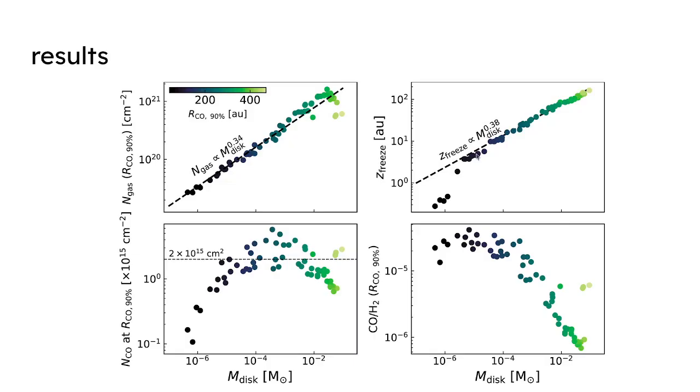I'm sorry, never mind. But as you increase mass, Z freeze increases, obviously because the disk is becoming bigger and bigger, and it becomes colder and colder.